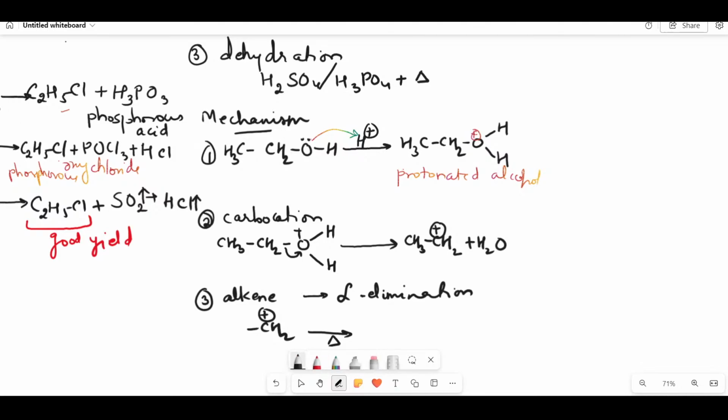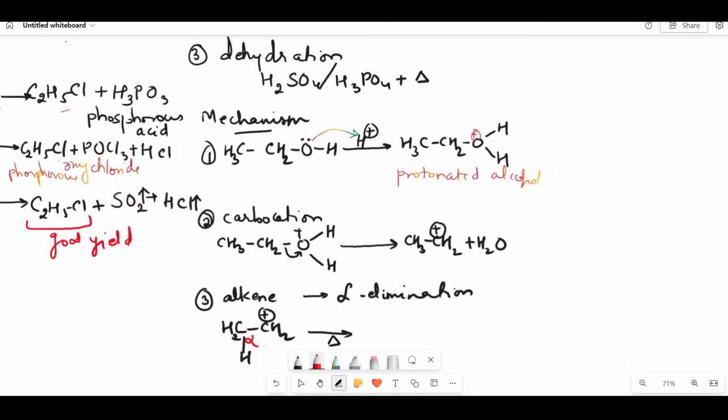I'll write it again. This CH3 that we have got, I will write it like this, CH2, and one more H is there, which I'll write here. Now, the carbon next to this carbocation is known as alpha carbon.